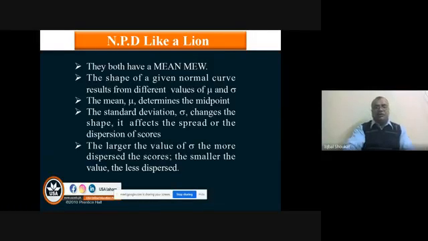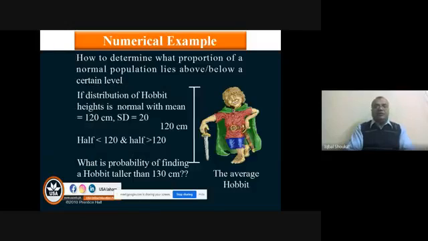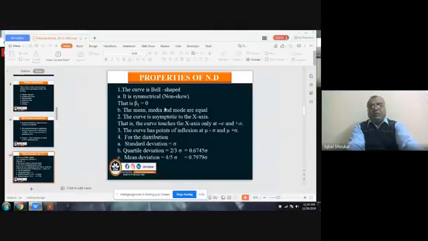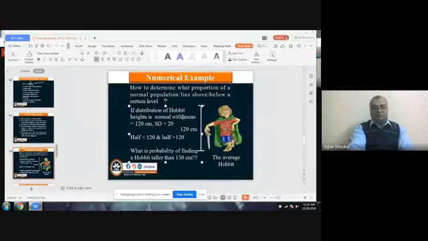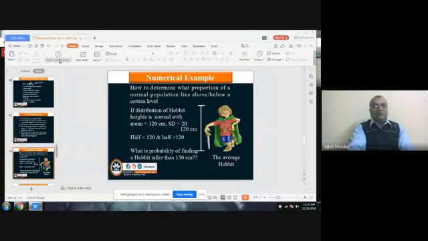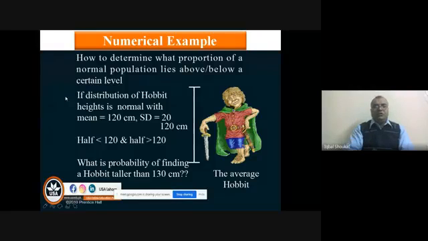If we talk about a numerical example, how do we determine what proportion of a normal population lies above or below a certain level? Let's have a look. Suppose the height of hobbits is normally distributed with mean equal to 120 centimeters and standard deviation sigma equal to 20.